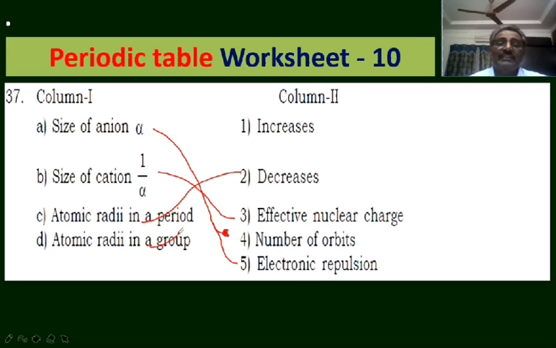Atomic radii in a group increases. So, here the correct options are A5, B3, C2 and D1 is the correct match.